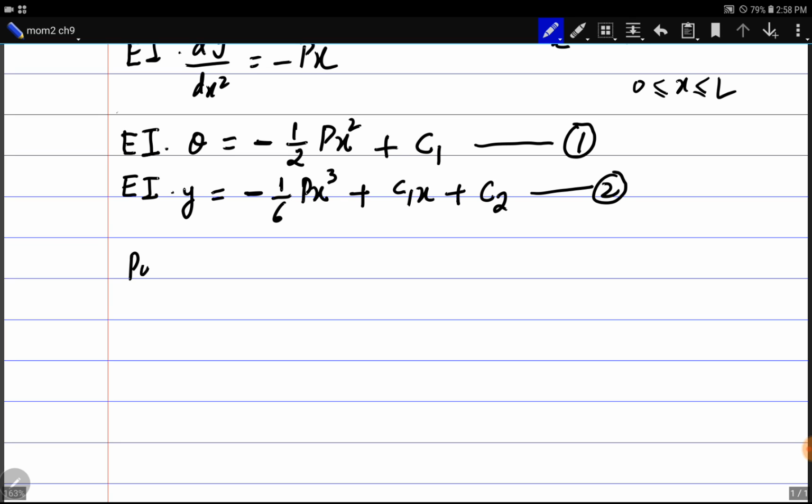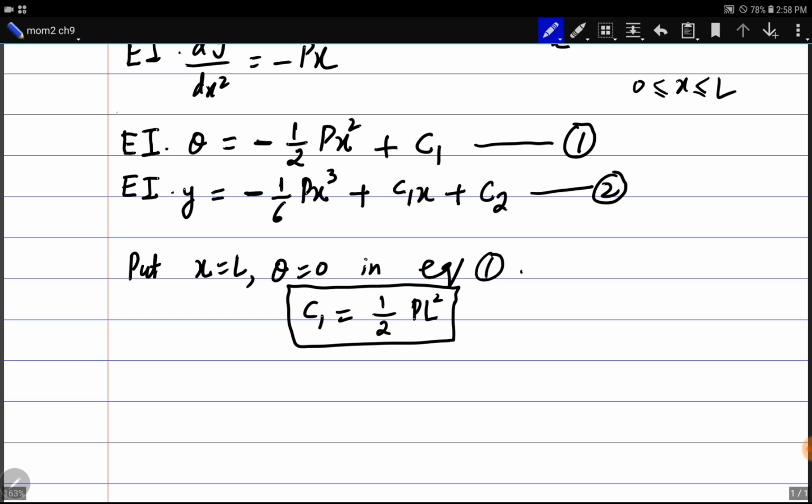So put x equal to L and theta equal to 0 in equation 1. We will get C1. You can do it by yourself. I will directly write C1 equal to 1 over 2 PL square.